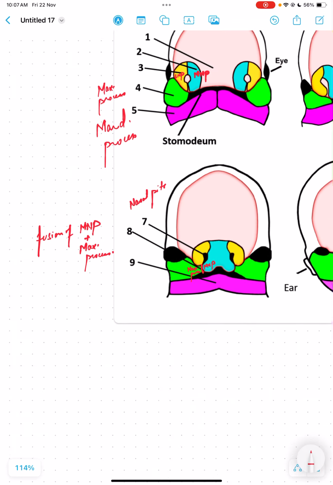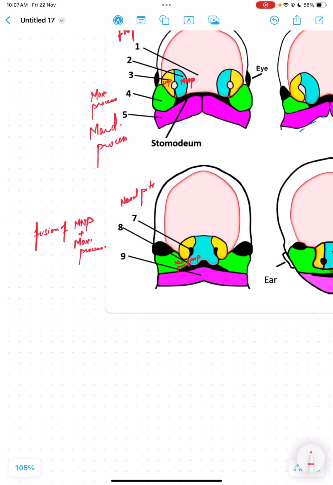If they don't fuse together, what will happen? Just like the oblique facial cleft, another cleft will be formed.